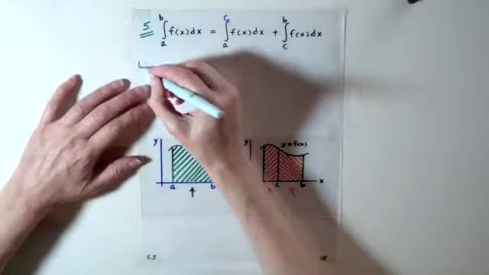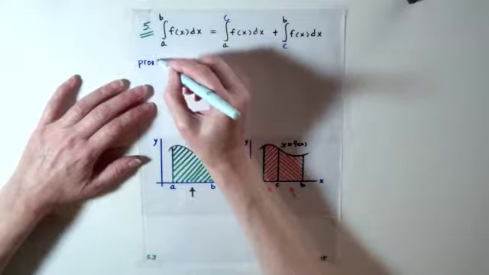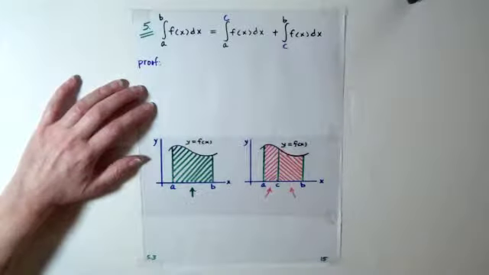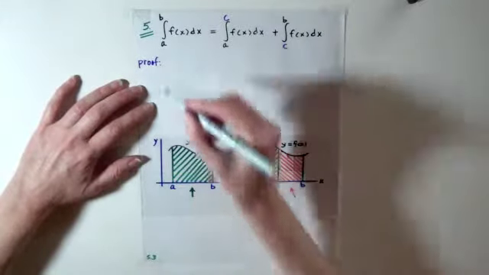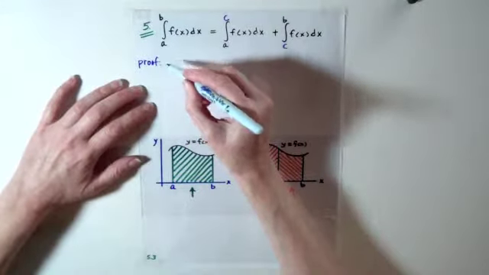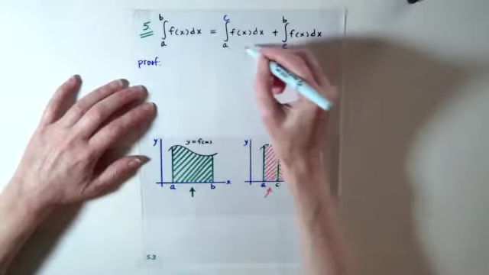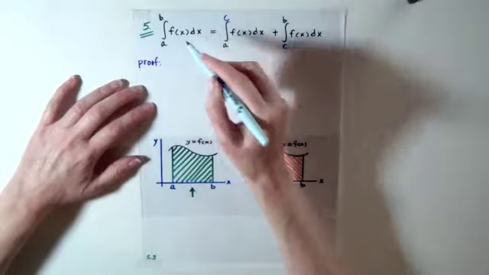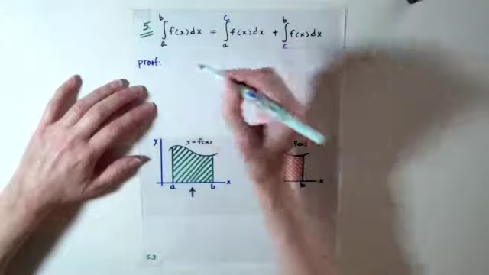So the proof is similar to the proofs that we saw before. In this case, I'm going to take the right-hand side and transform it into the left-hand side. It's a little easier to go in that direction.